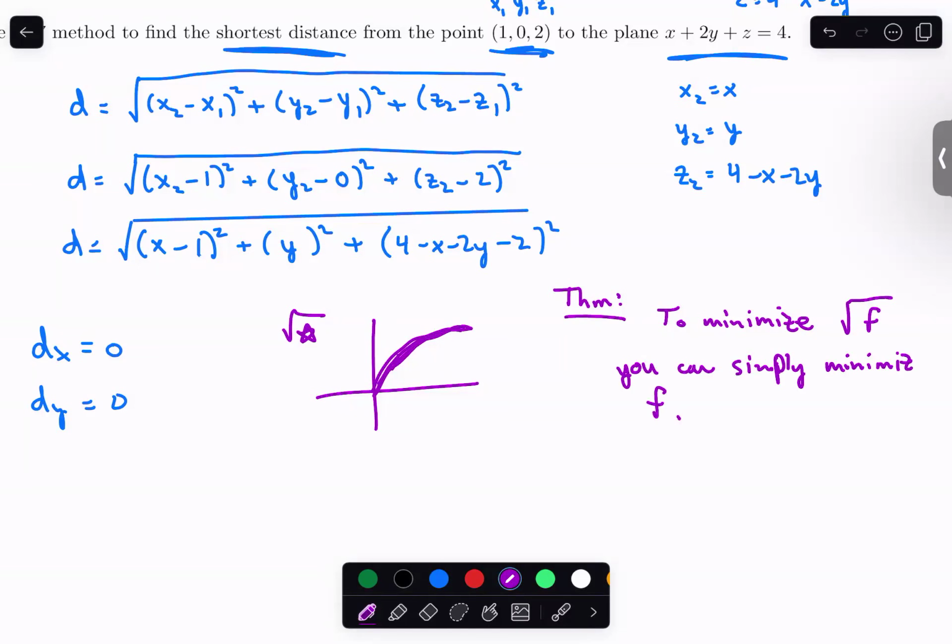I guess I should include on here that the function that you plug in needs to be positive, right? If you are able to plug in any negatives into that, that would be a problem. So here, we'll add in additional hypotheses for positive functions.